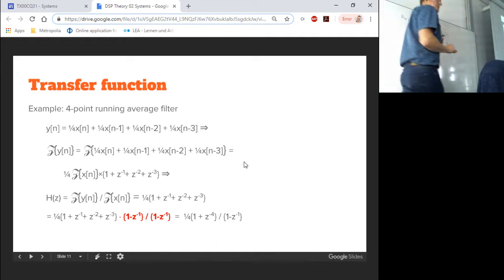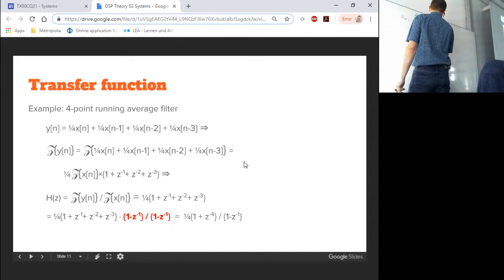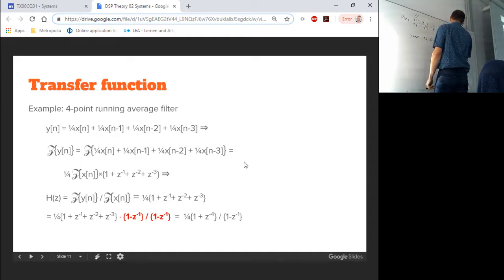I made this just for fun. Okay, calculate the zeros. z to the 4 minus 1 equals 0, which means that z to the power of 4 equals 1, which happens on 4 different places. Meaning z squared is either plus 1 or minus 1.